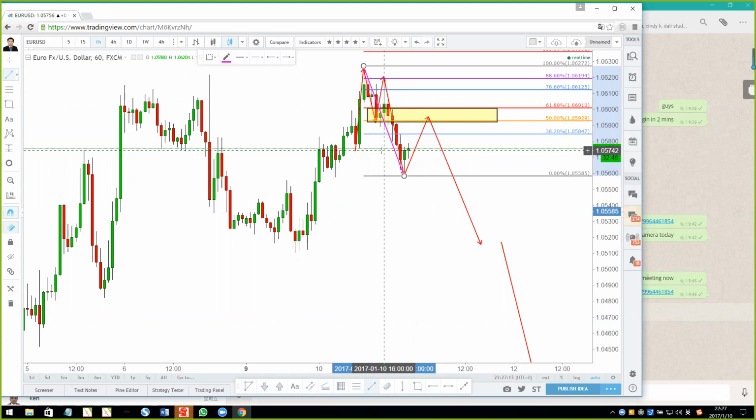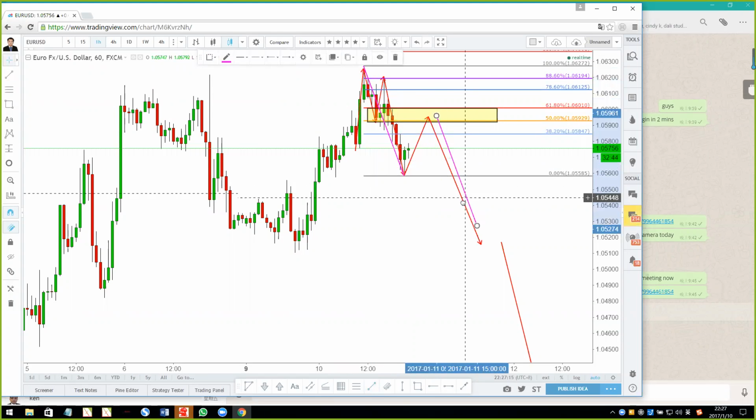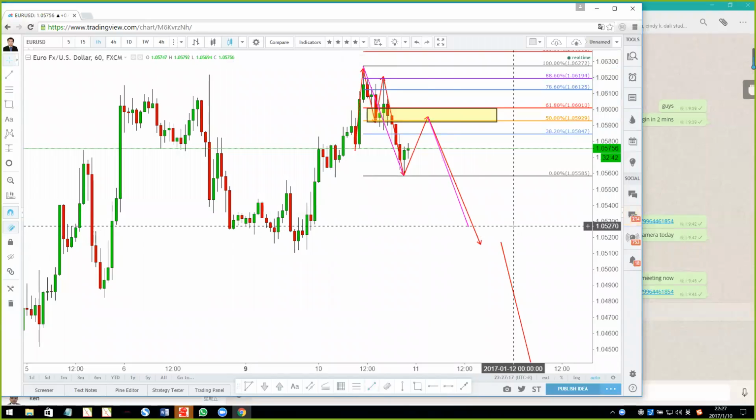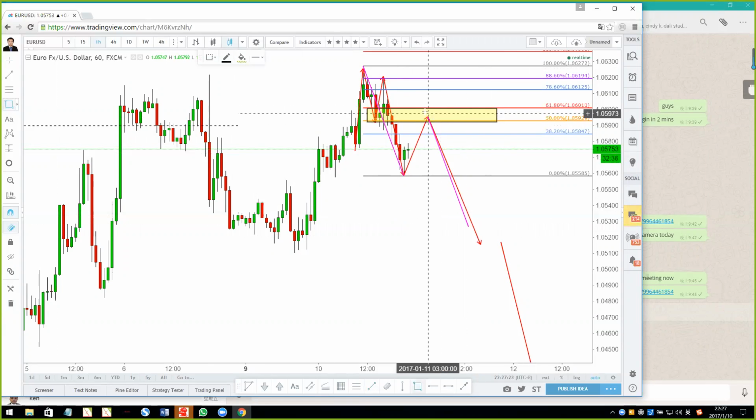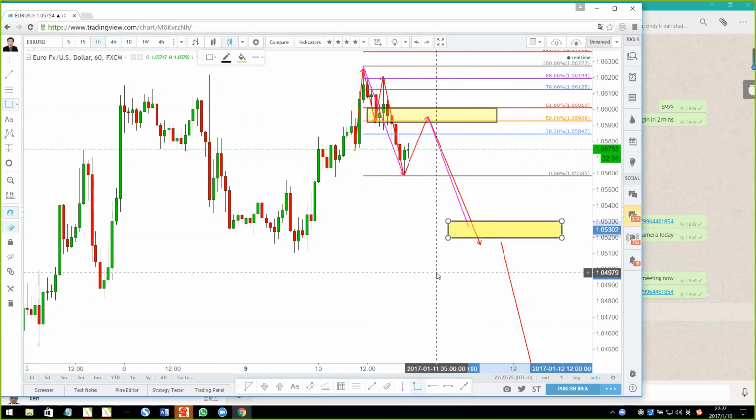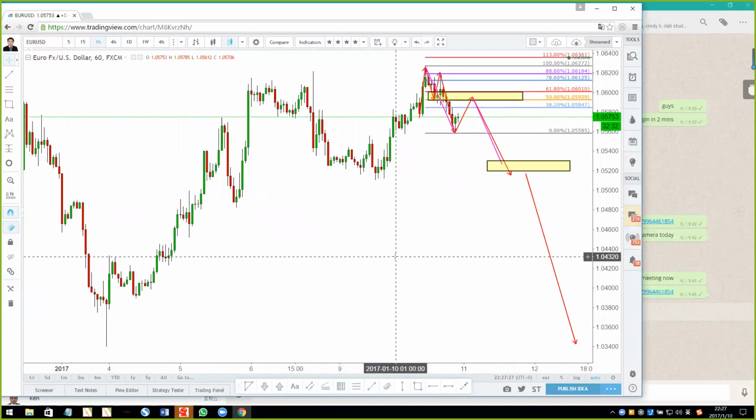Yeah, potential. You can use this ABCD pattern to determine your target. That's very good. Yeah, that's a good idea, to use the ABCD pattern to take profit on your short. Yeah, you can do that.